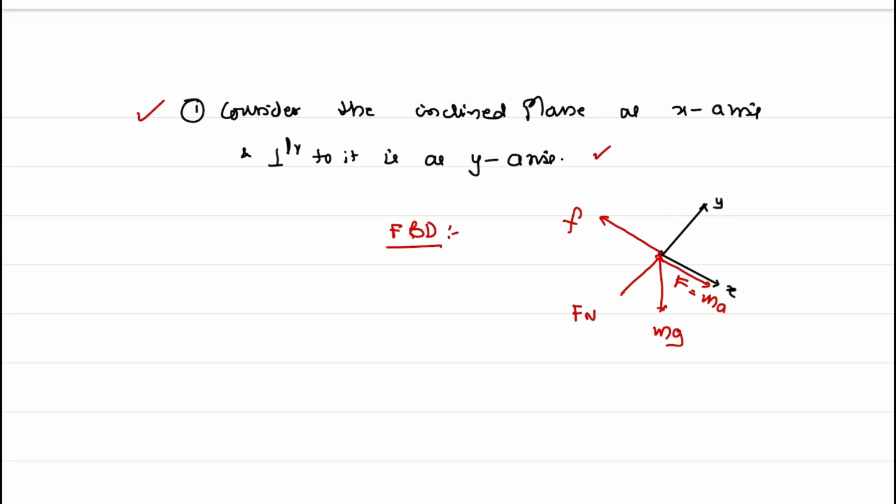The gravitational force always acts in the vertical direction, towards the center of the earth, because it is like this. Please understand this. This is r, the radius of the earth, and at a height some object is there. This is at a height of h from the surface, or it can be on the surface also.